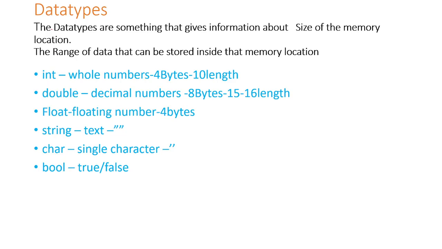That is the main point here, and also the range of data that can be stored inside the memory allocation. It is about knowing the range of the data and the size of memory for a particular location.